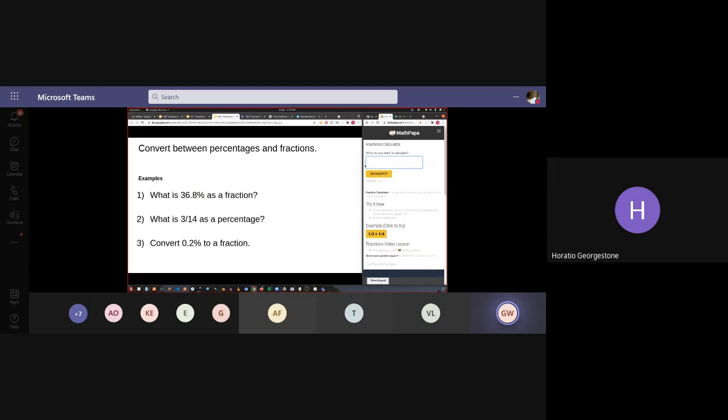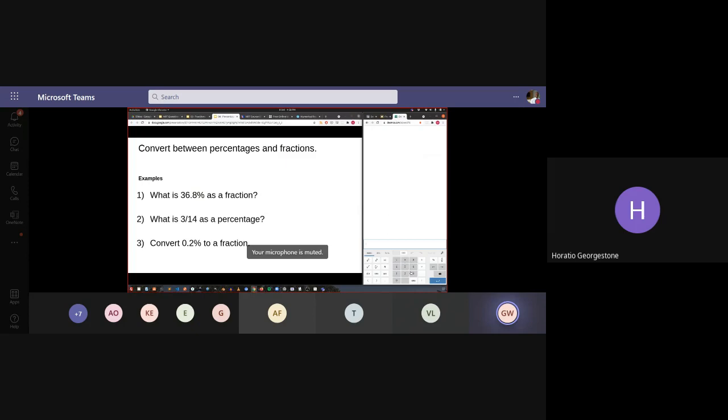So 36.8% as a fraction. Let's divide it by 100. That will convert it to a decimal. But the calculator is not showing it as a fraction. Let me do it on my real life calculator. You won't be able to see this. And we get 184 over 5. I don't know if this one can do it.